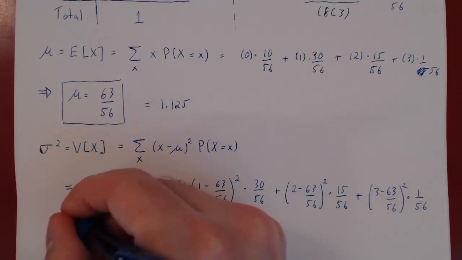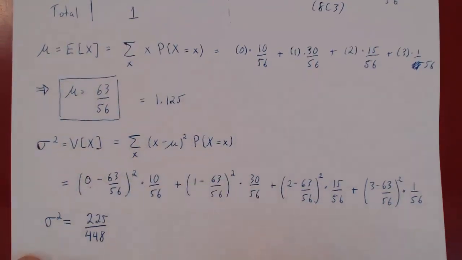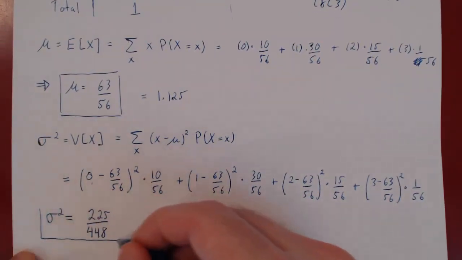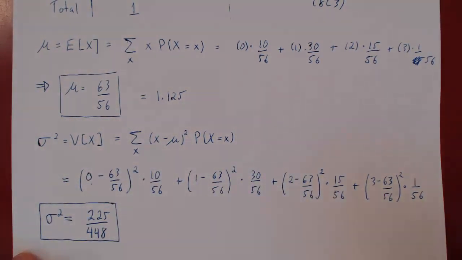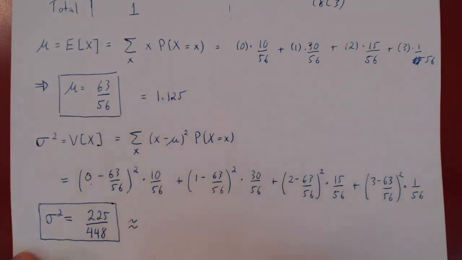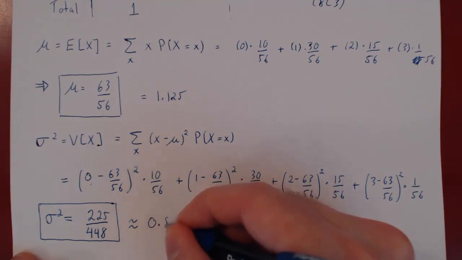And that is the variance of the random variable. If you want an approximate value to get a feeling for what the value is equal to in decimals, you can compute, and you'll get approximately 0.502.